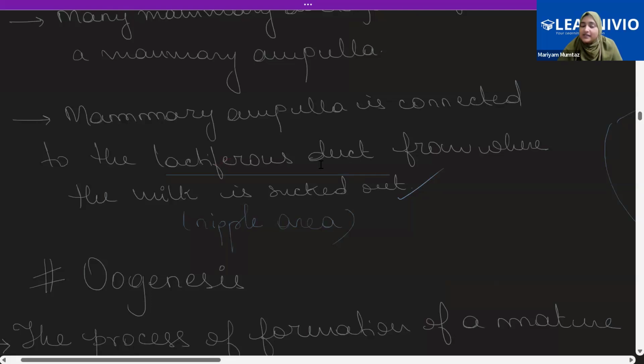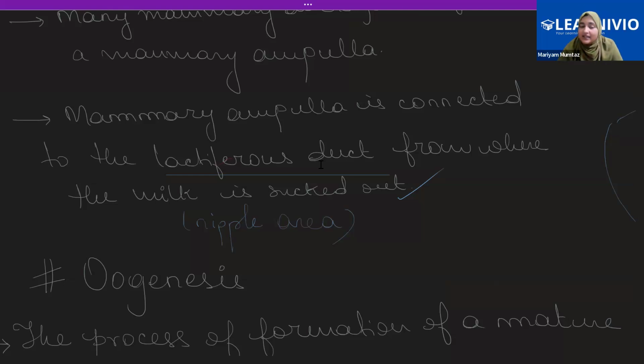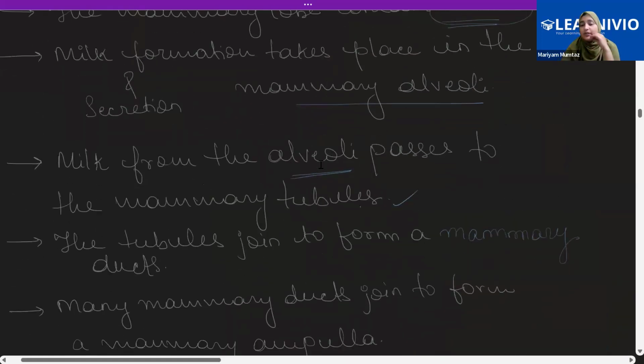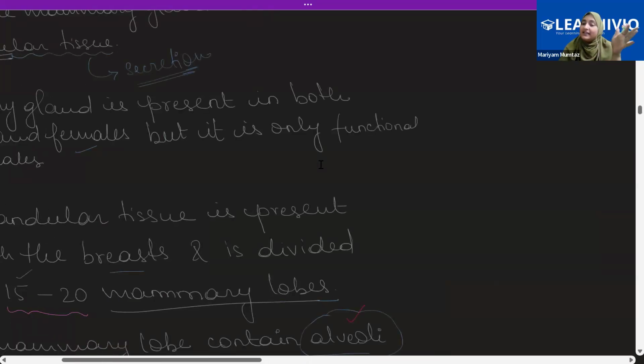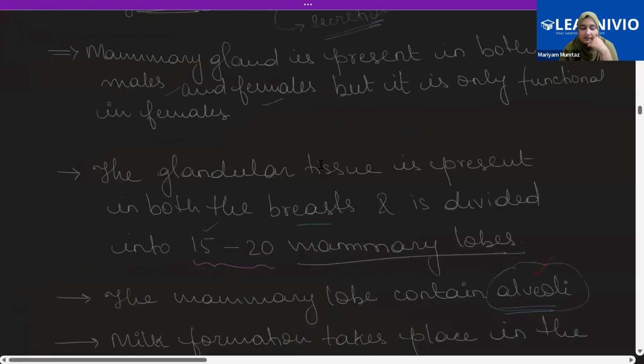This is the part present in the nipple area, from where the milk is ultimately sucked out. So this explains the pathway of how the formation and ejection of milk takes place.